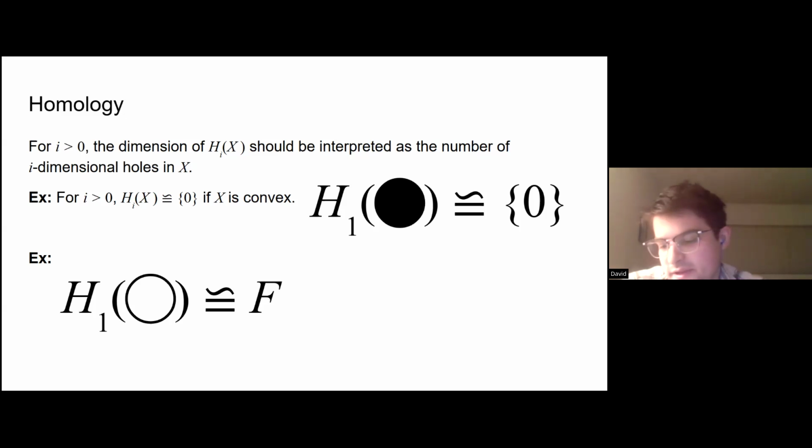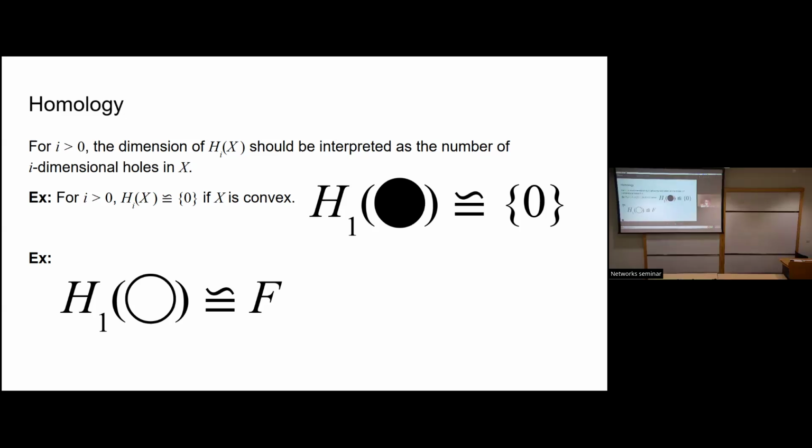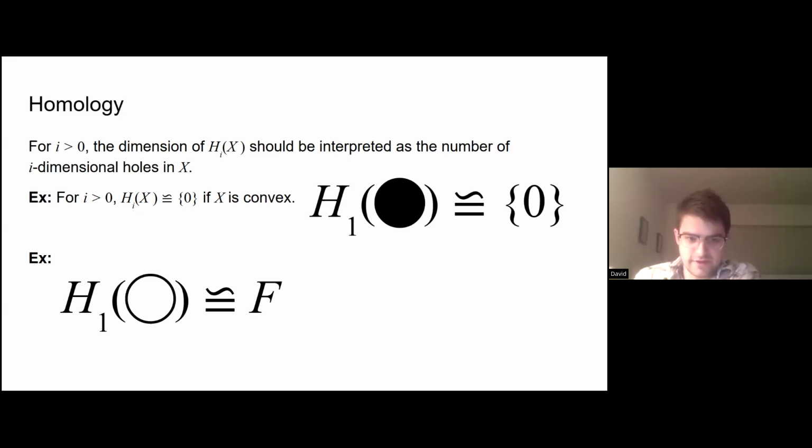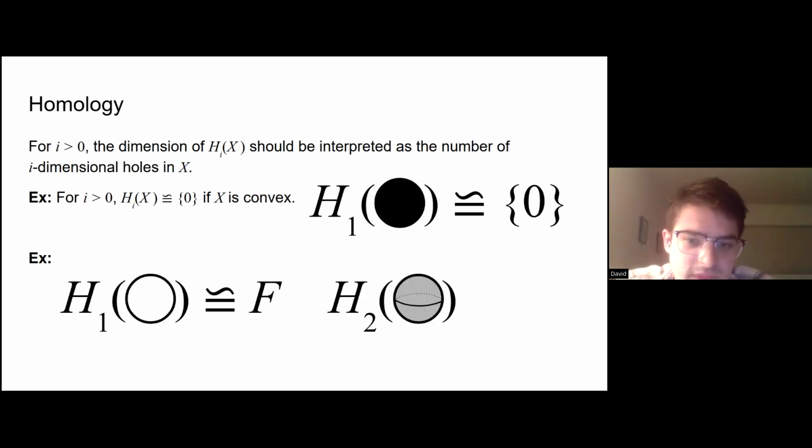Since this is a network seminar, if I have a graph, H_1 of your graph is going to give you the Betti number of your graph, the number of loops in your graph. Okay, what does H_2 do? Well, H_2 tells you about the number of voids in your shape. I saw one paper that described it as the holes that you may find in Swiss cheese, for example.